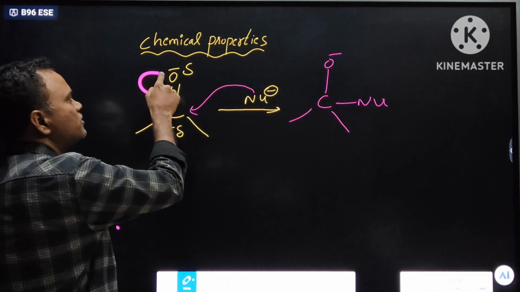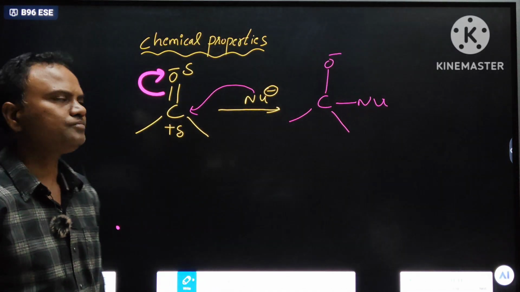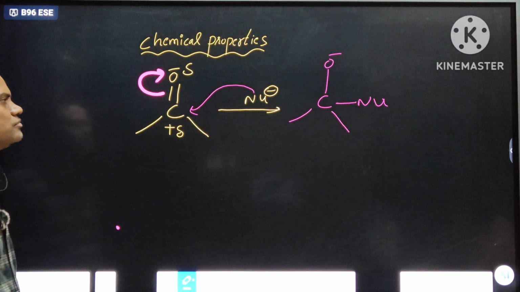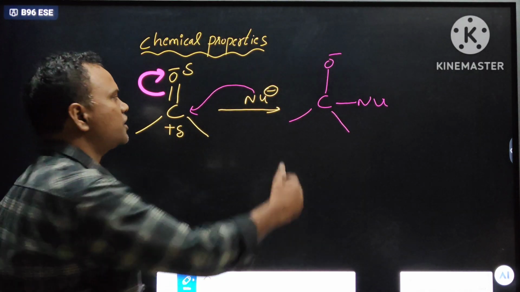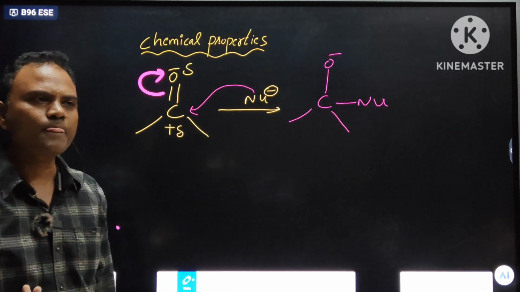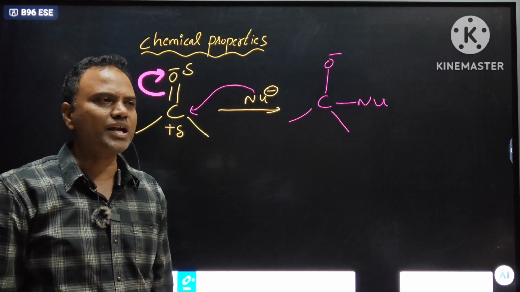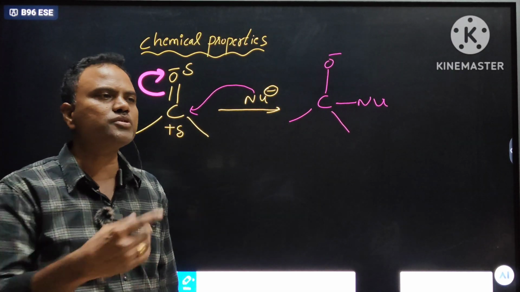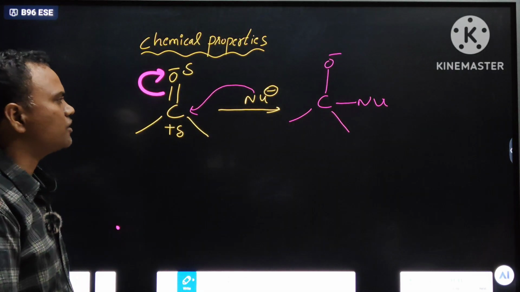Now that's why this bond will shift to this side, and that's why I wrote the negative charge. Clear? Because 5 bonds are not possible. So the characteristic property of carbonyl compounds is nucleophilic addition reaction.